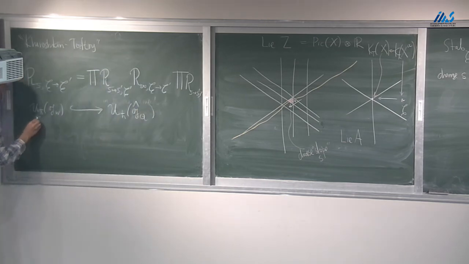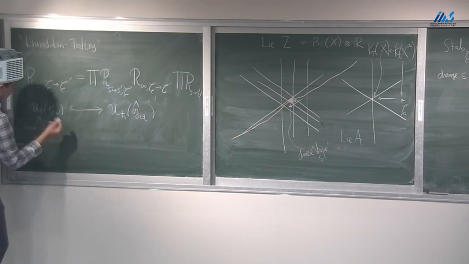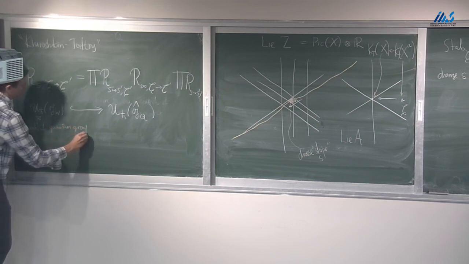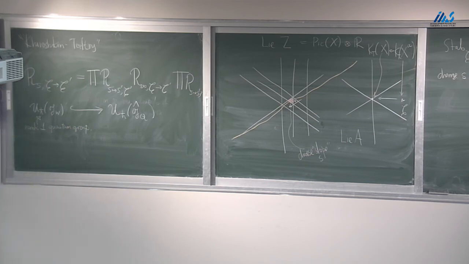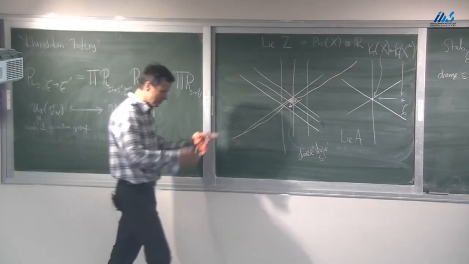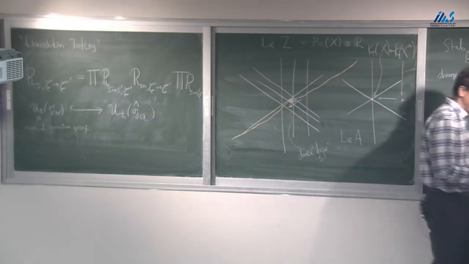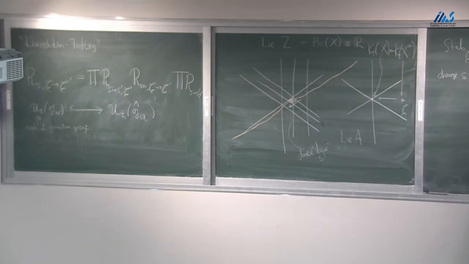And so this object is a rank 1 quantum group. And in a rank 1 quantum group, you can write universal formulas, which, since the formulas are universal, in particular apply for SL2. And since they apply for SL2, you can find them in Pasha's paper.